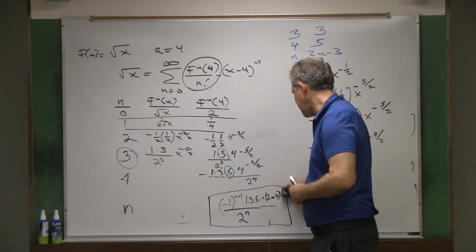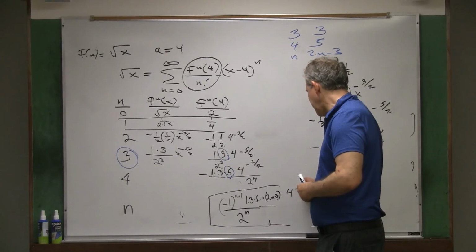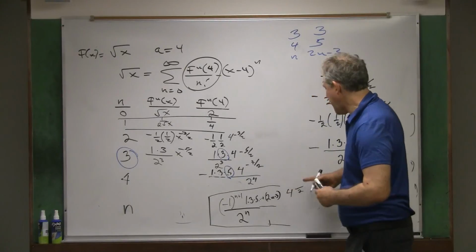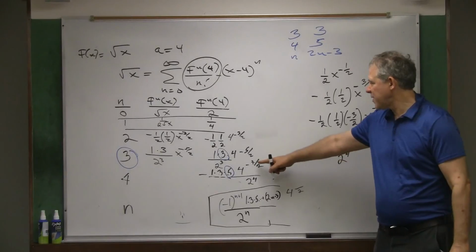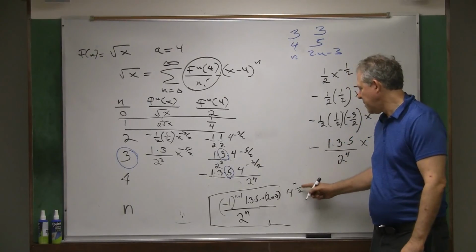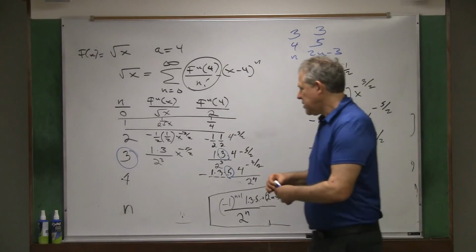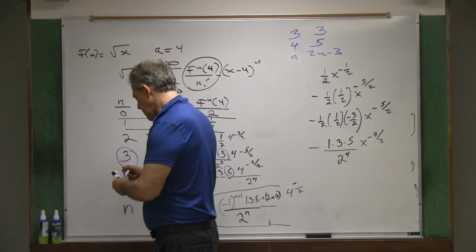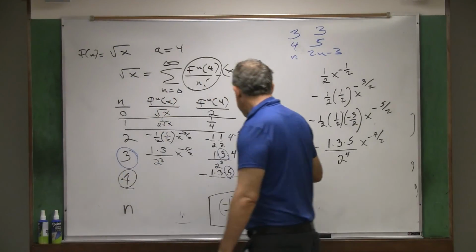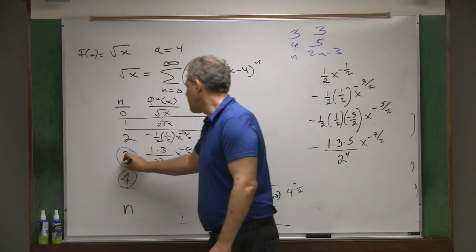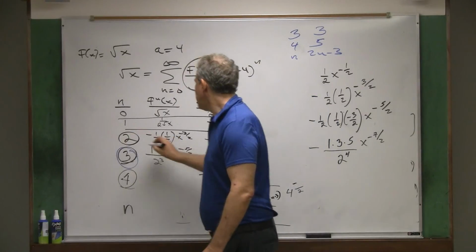Okay, and now we just got to figure out the 4 part. Now it's going to be 4, and we're always going to have the raised to a power where we have the 2 in the denominator, but we got to figure out it's going to be a minus something. Now we have another pattern. So when it's a 4, we have a 7, and when it's a 3, we have a 5, and when it's a 2, we have a 3.